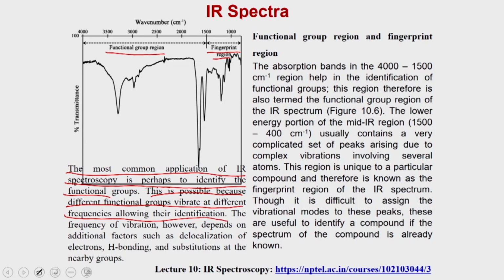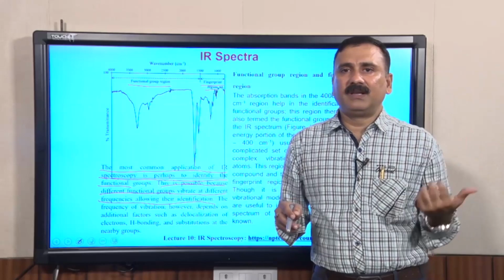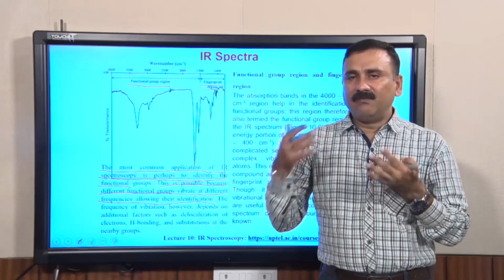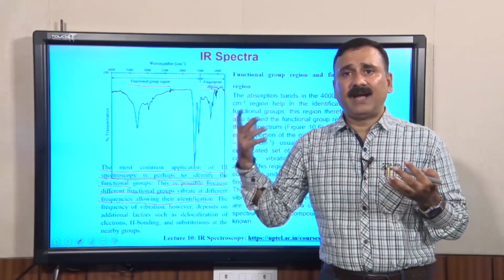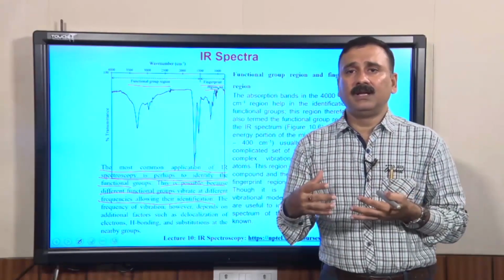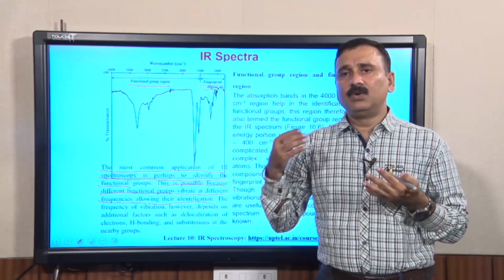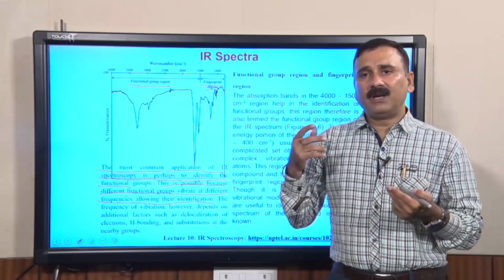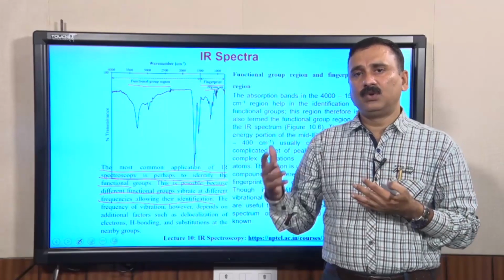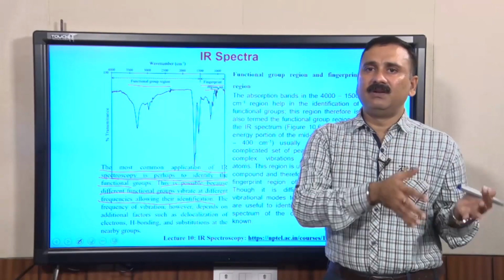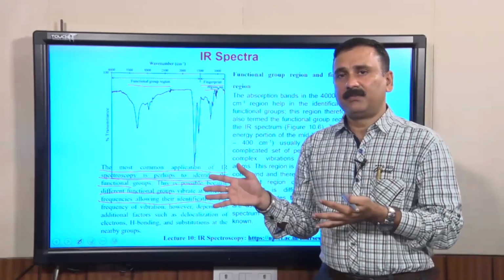As we discussed in our previous lecture as well, the different functional groups have different types of atoms associated with them, and because of that, they generate different amounts of dipole moment, and so they absorb differentially at different places in the IR absorption spectra.